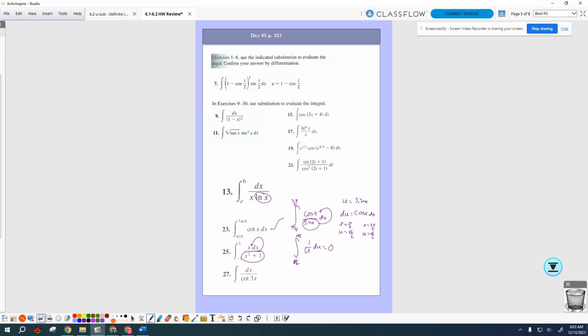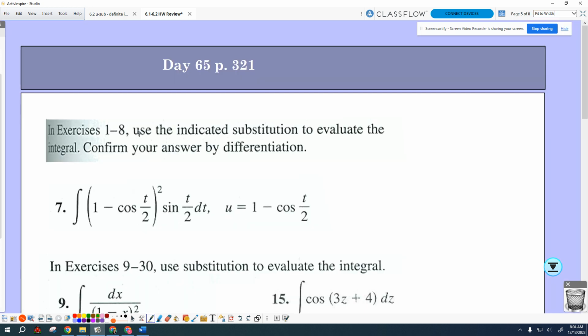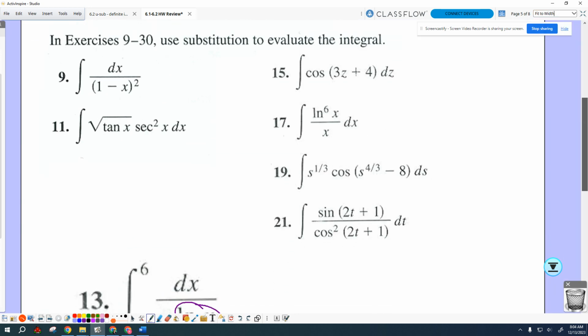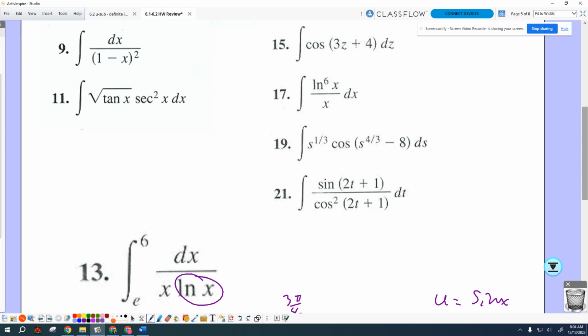I think I'm ready for the exit card. Was number 9 assigned? Okay, so u is equal to 1 minus x, du is negative 1. Okay, can you guys try number 9?